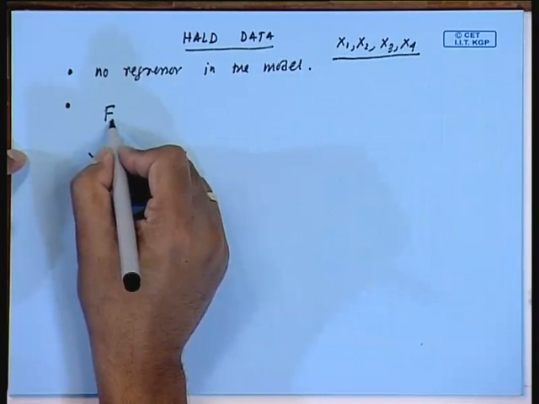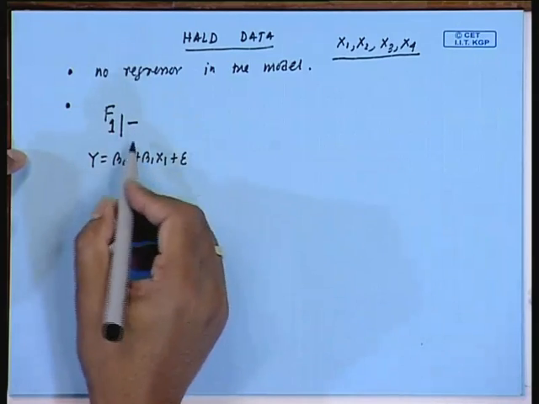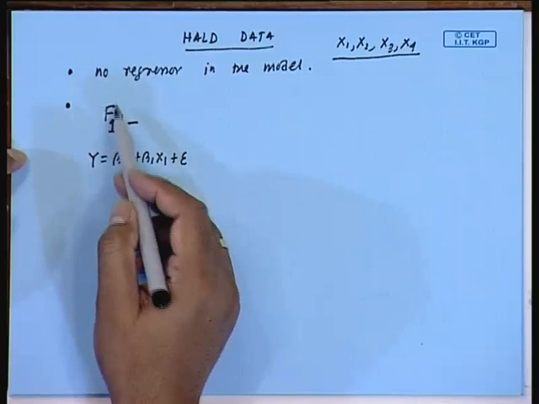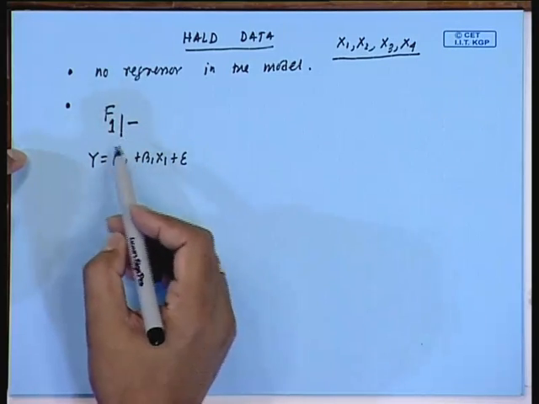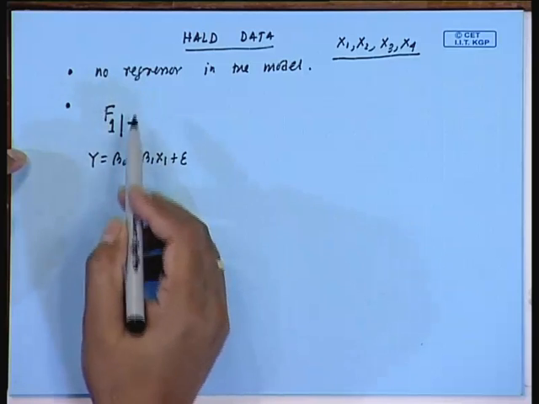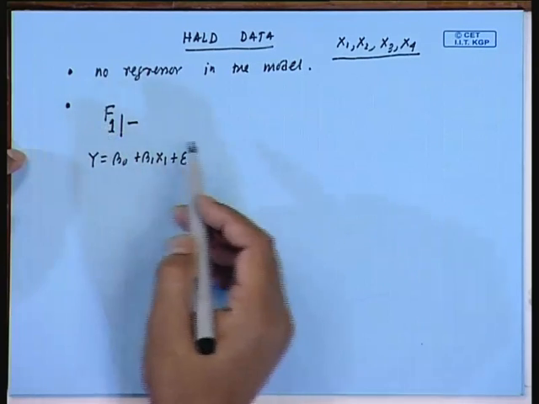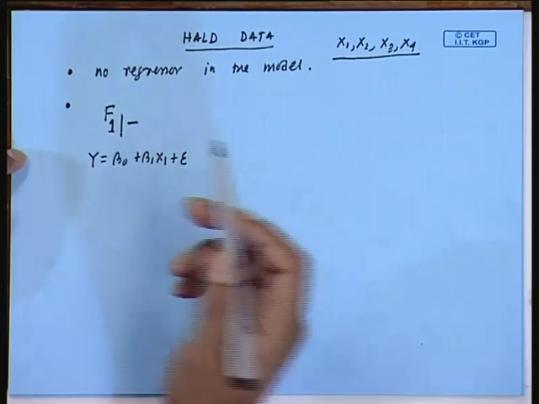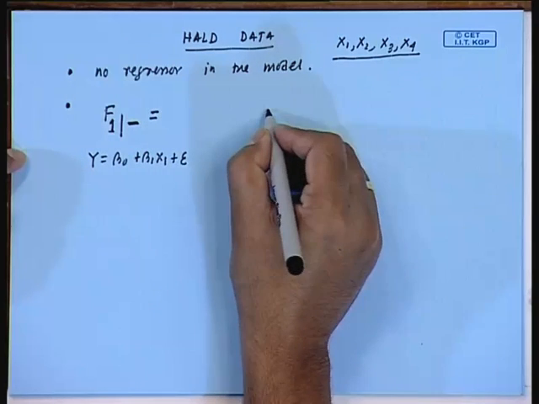Using the previous notation, F1 in the presence of nothing. This is the F statistic, but in terms of the partial F value, it is the partial F value for the regressor X1 in the presence of no other regressor in the model. That is why it is dashed. We compute this value.